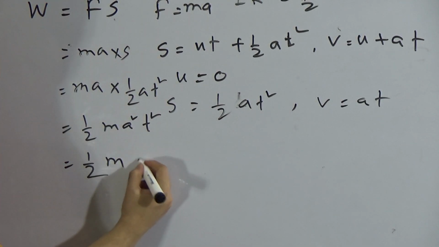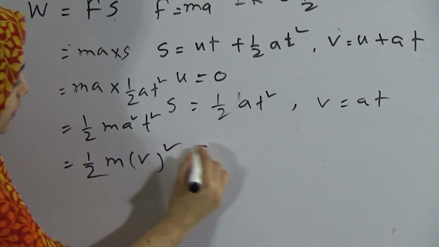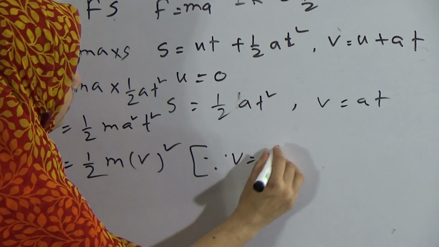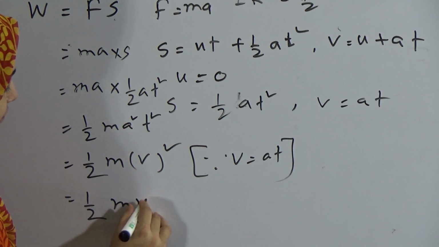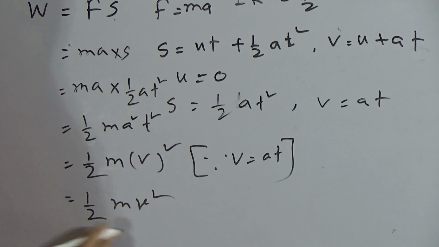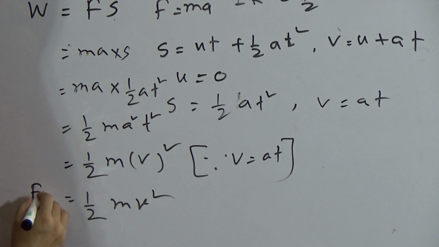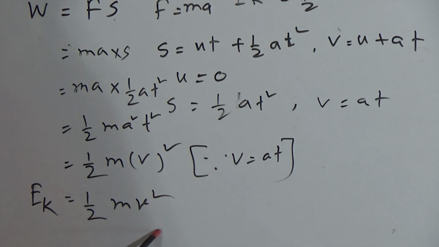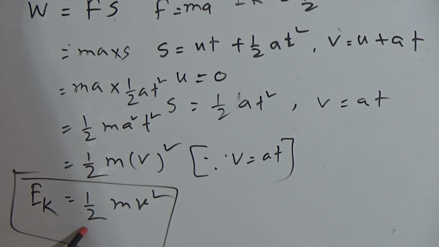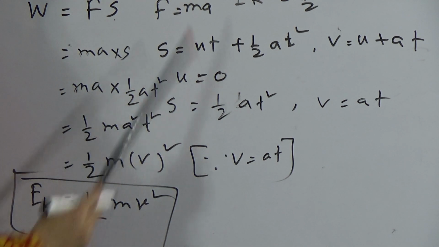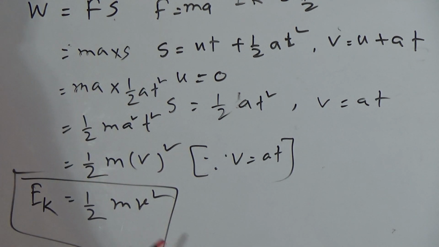So use here v whole squared. Okay, see, half m v². My dear students, this is the kinetic energy Ek, and we indicate the kinetic energy by Ek. So Ek equals half mv². Okay, this is the other formula. My dear students, practice this formula and prove that Ek equals half mv².